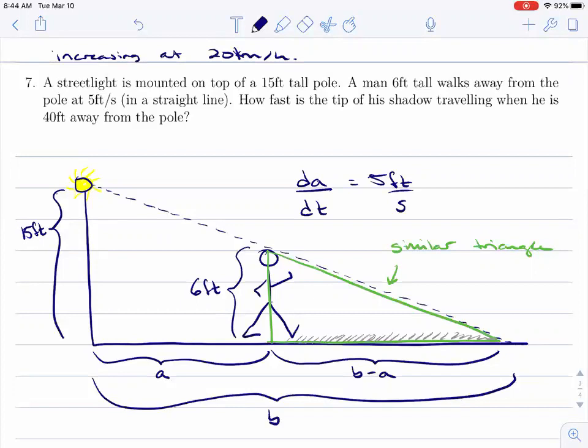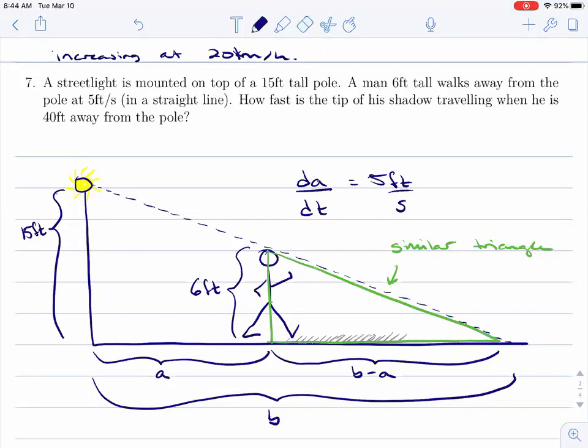So we want to know, how fast is the tip of his shadow traveling when he is 40 feet away from the pole? Well, I guess maybe the shadow doesn't go the whole way out. He's not that tall.